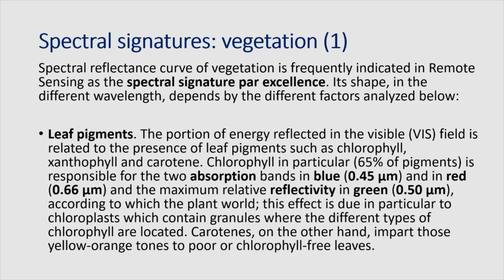And this is why we have this peak of absorption in the blue and near the red bands. And you have the green part of the spectrum that is mostly reflected. And for our eyes, vegetation, if it's green, is green of course because it's reflecting most of the green part of the visible spectrum.